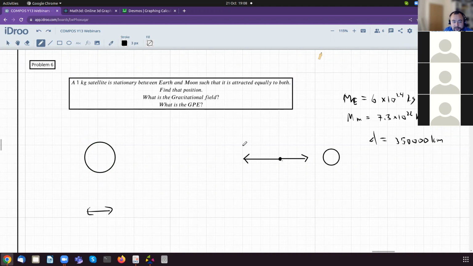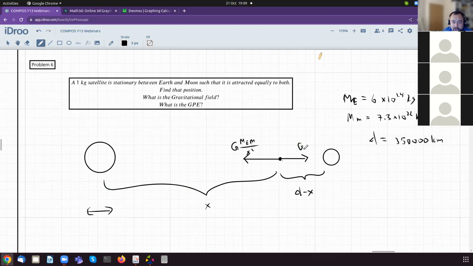So we have the force, which is G, mass of Earth, mass of the satellite, divided by distance. So let's say this distance is x, and this distance is d minus x, because the whole distance is d, divided by x squared.